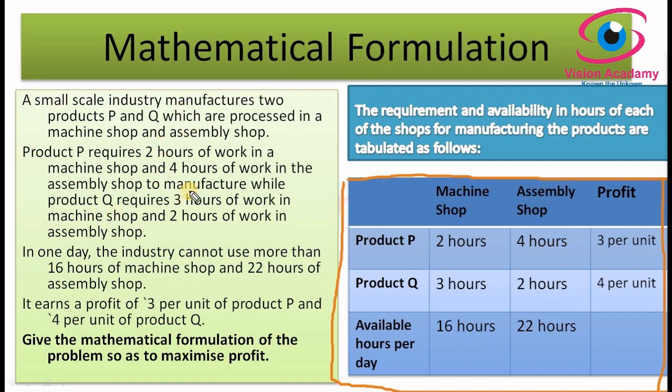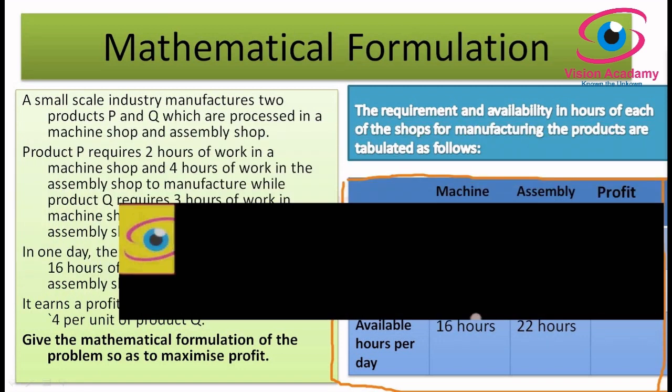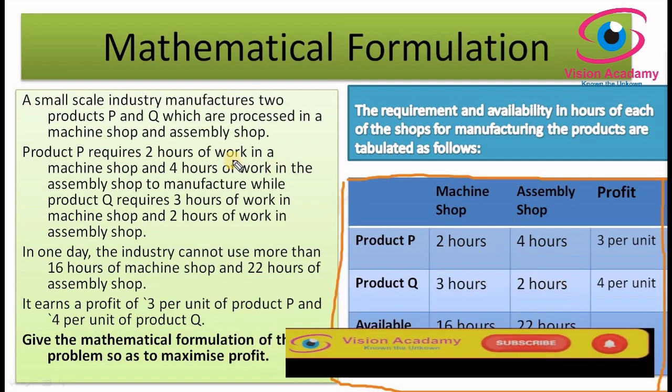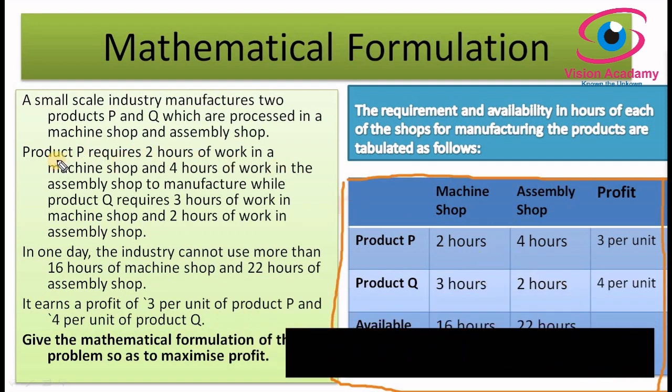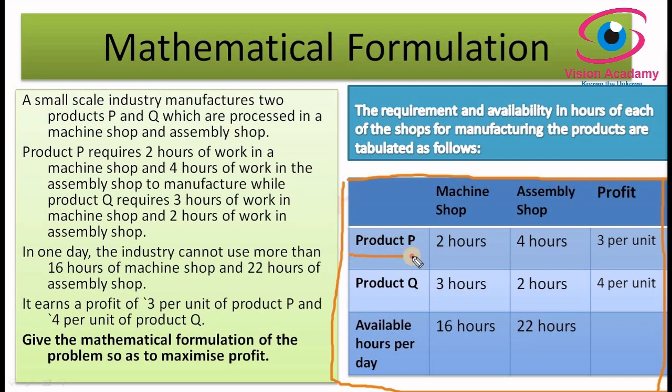For the same problem, I have copied it here to give you a direct understanding, okay. Here forget this tabulation, okay. I will tell you there are 2 types of product, P and Q. Product P requires 2 hours of work in the machine shop, so I have put a machine shop column, and 4 hours of work in the assembly shop, so I have put an assembly shop column, okay.